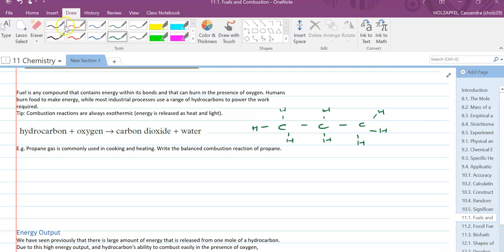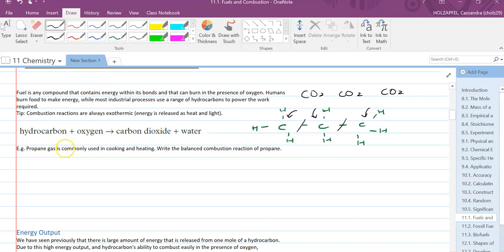So each of these is going to be broken, and an oxygen is going to come along. Two oxygens are going to come along for each one of these carbons, and 3 carbon dioxide molecules would be produced. So that would be a clean burn where every single one of these carbons has been broken off to form carbon dioxide.